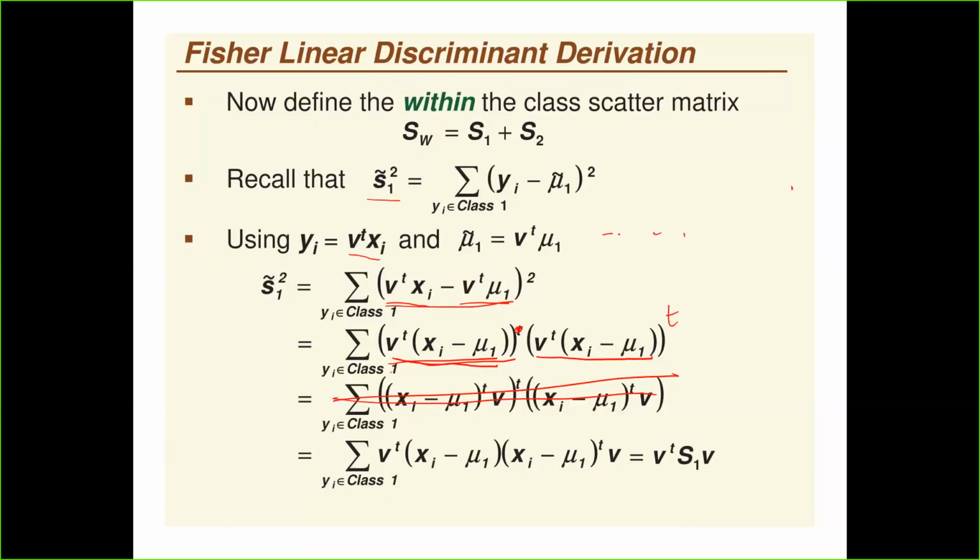Instead of Xi, we are writing V transpose Xi. Instead of mu1, we are writing V transpose mu1. The same thing. This is in the original space. This is in the projected space. Clear?